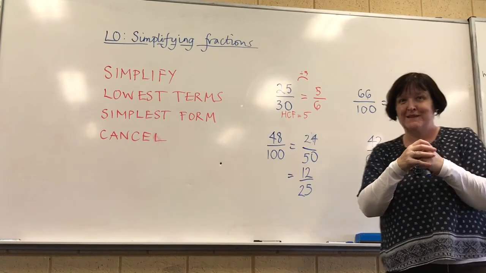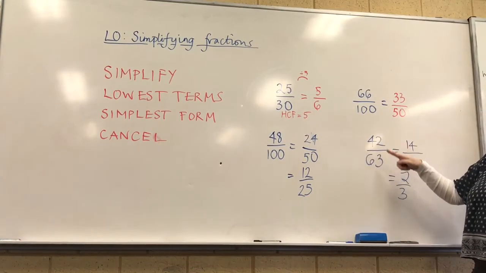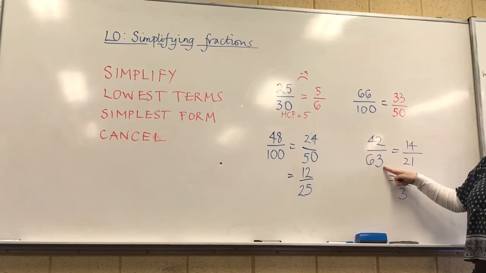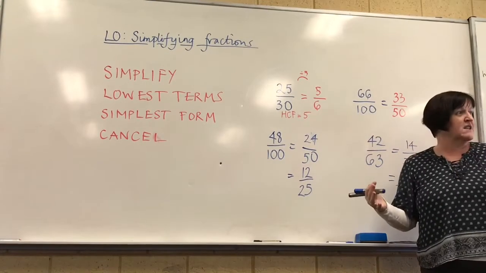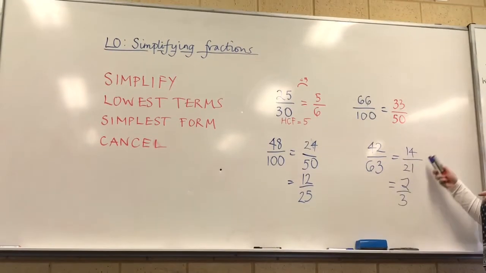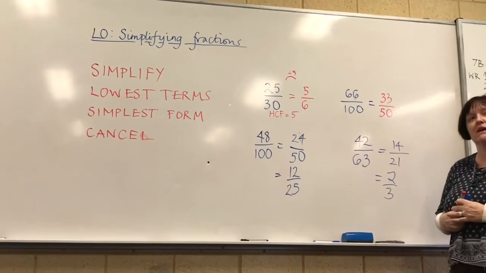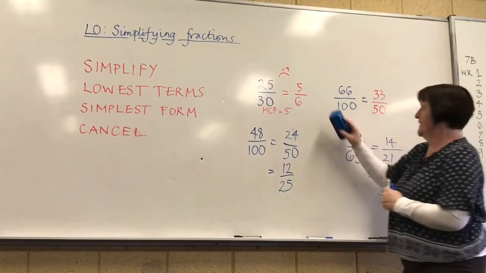You with me? Yeah. Because there are 2 21s in 42, and there are 3 21s in 63. But I don't know the 21 times table, so it didn't matter that we did it in 2 steps. Okay?